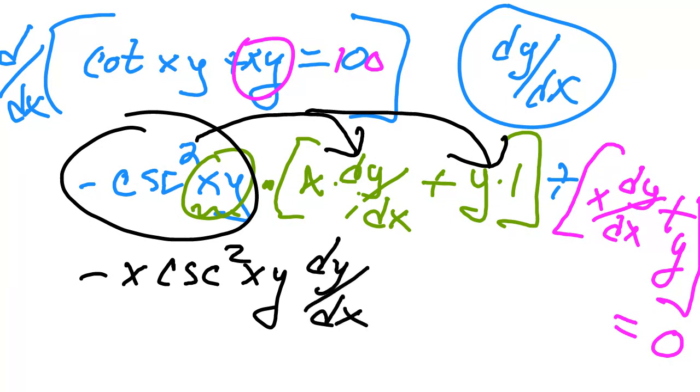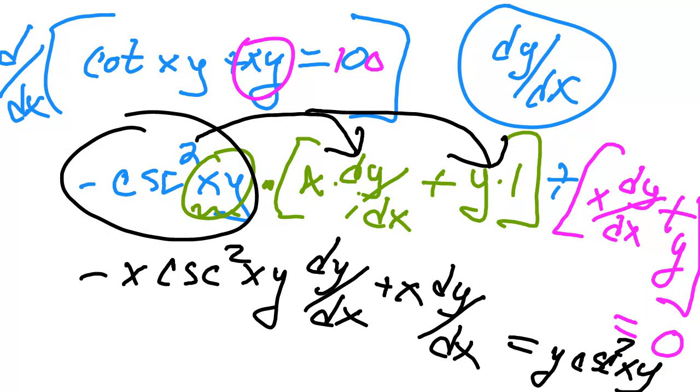And then the minus y cosecant squared xy, I'm going to put on the other side as a positive cosecant squared xy. The reason I did that is there's no dy/dx term there. And then I have plus x dy/dx. So I'm getting all my dy/dx terms to the left, everything else to the right. Then the plus y I want on the other side, so that's minus y. And so instead of equals 0, I have equals this stuff in black.